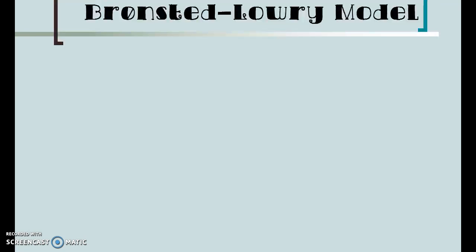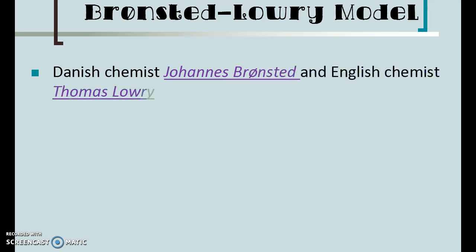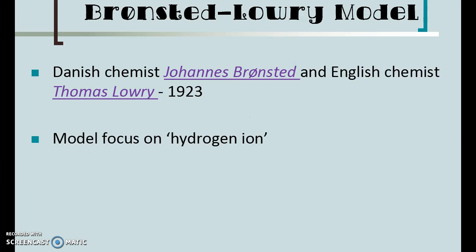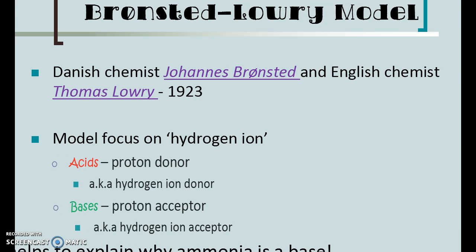Okay, so let's move on to the Bronsted-Lowry model, which was able to further explain acids and bases in relation to their behavior. This model focuses on the hydrogen ion and what's happening to it. Is it donating itself to something, and the other thing is accepting it?